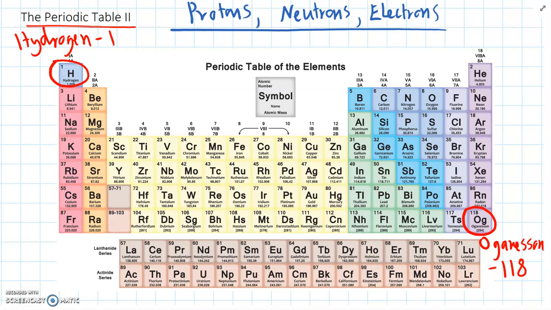The next thing we remember about the periodic table is it's arranged into rows and columns. So each column, starting at the left, these are called groups. We've got 1, 2, 3, 4, 5, all the way up to group 18 at the end.